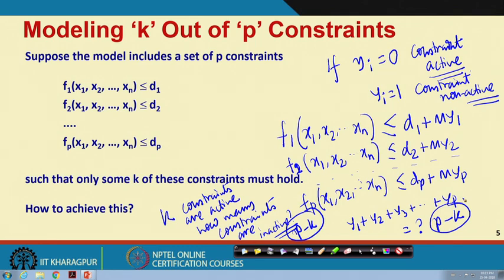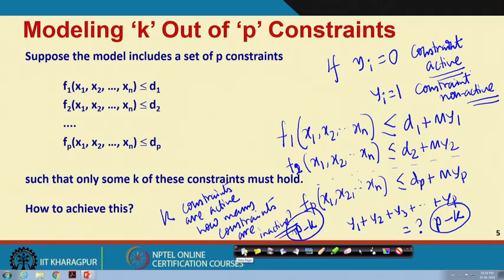Is it all right? Because that is the number of inactive constraints and those values should be 1, remaining values should be 0. That means k constraints having yi value equal to 0 will be active. I hope you got the essential idea.